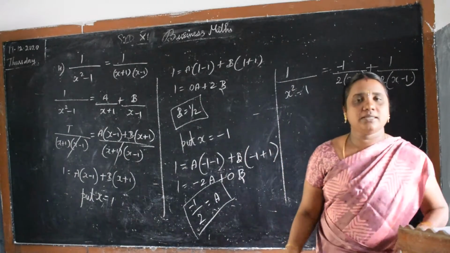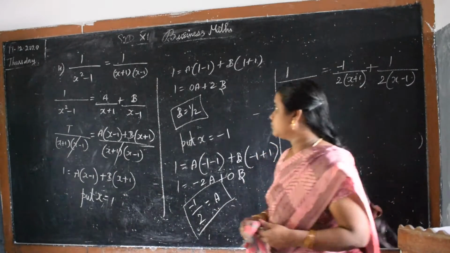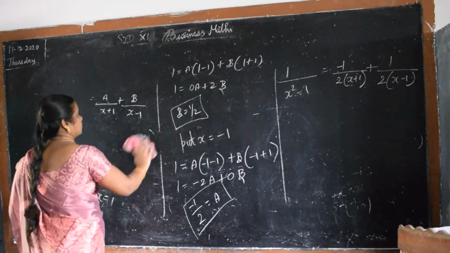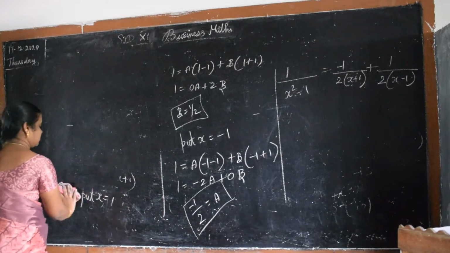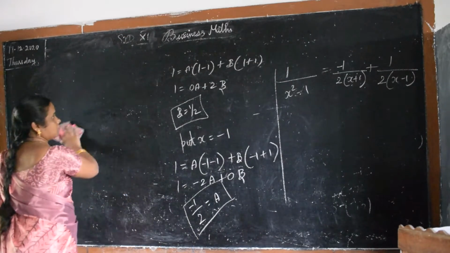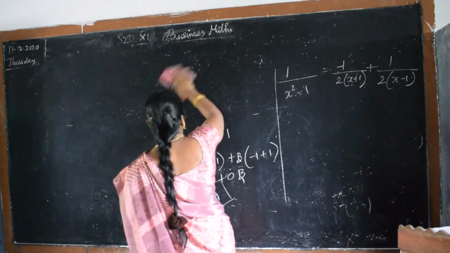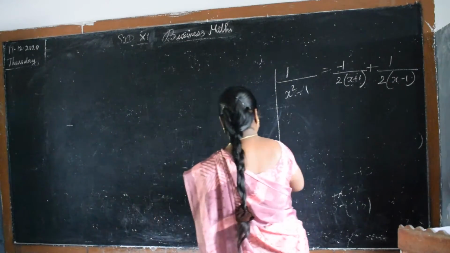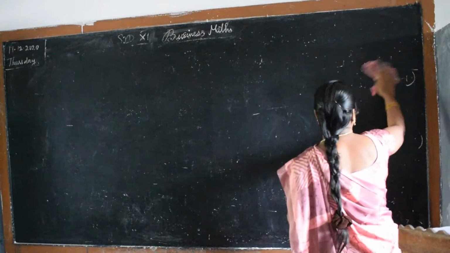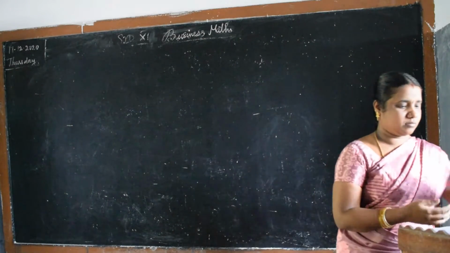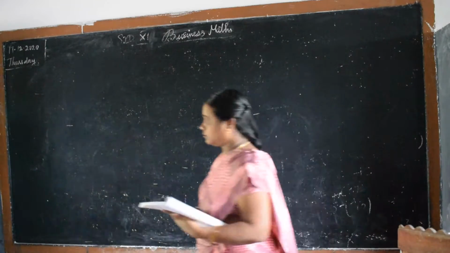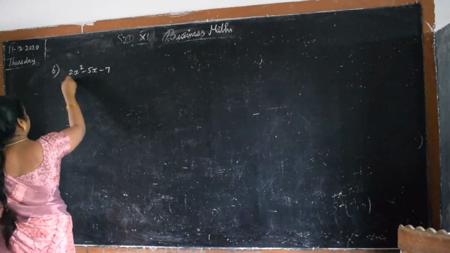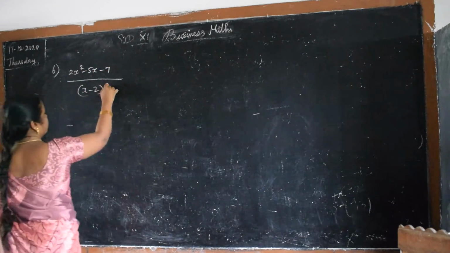Next, see here, the sixth problem I am going to do. This is also type 2. See what is the sixth question? 2x square minus 5x minus 7 over x minus 2 whole cube.